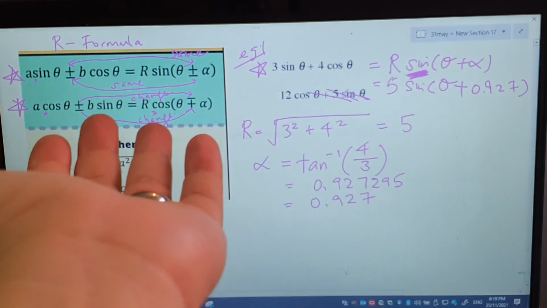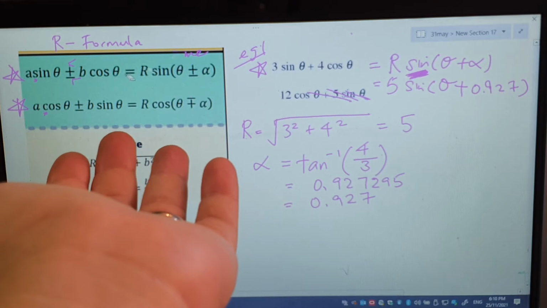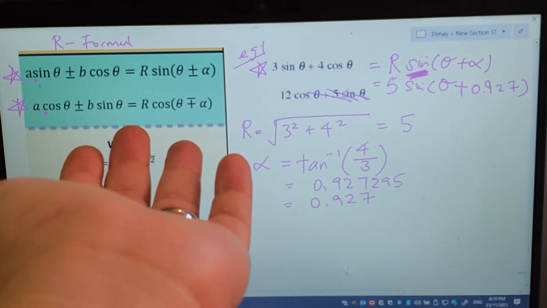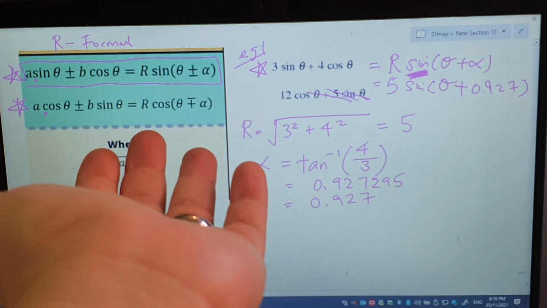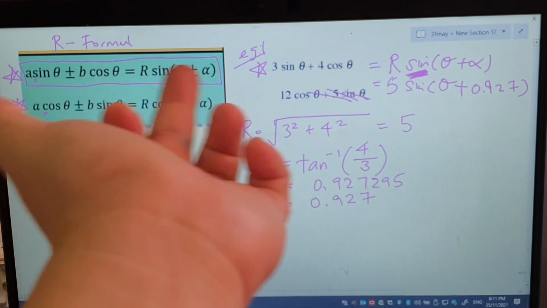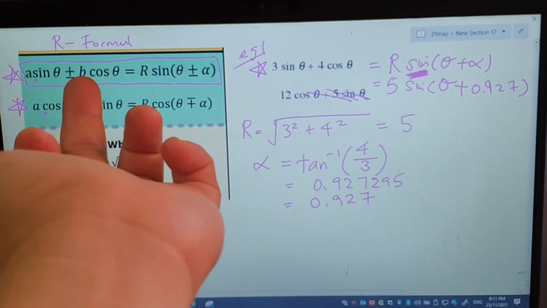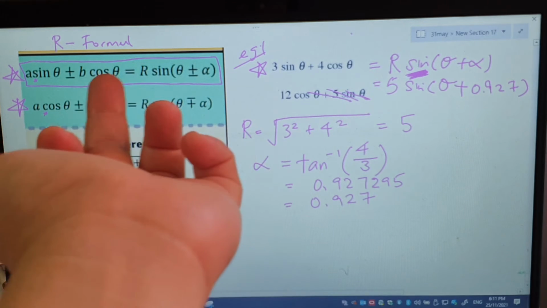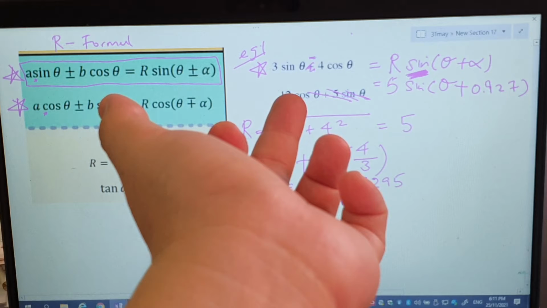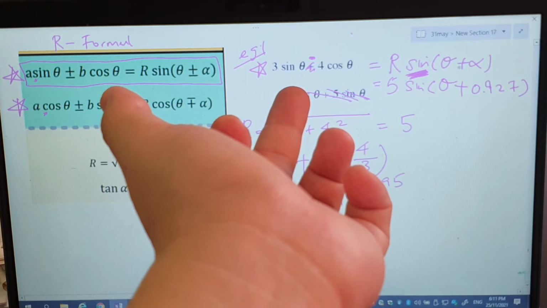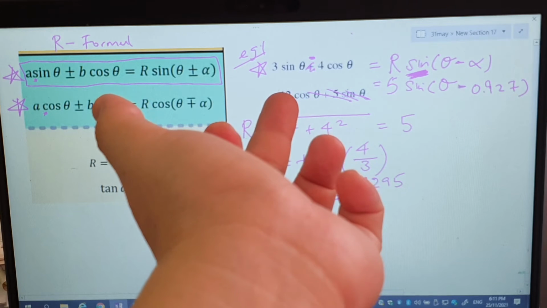Now, this is actually this part here. Where your A is your 3, your B is your 4. And when you have plus, you follow plus. If you have minus, you follow minus. Meaning to say, if now I change this to minus, everything remains the same except you change this to minus, you change this to minus.